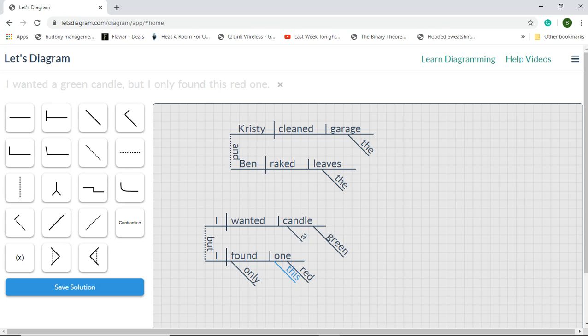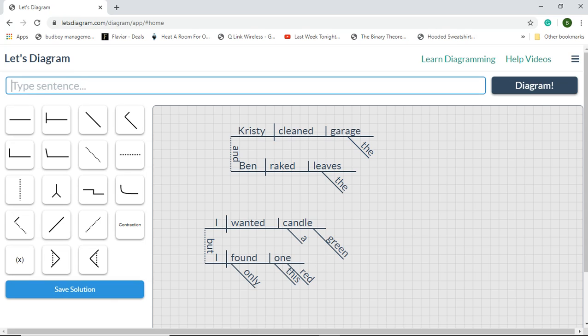So, take a look at this compound sentence. I is the subject. Wanted is a verb. Candle is a direct object. A is an adjective. Green is an adjective modifying candle. But is the coordinating conjunction. I is the second subject in the sentence. Found is a verb. Only is an adverb modifying found. One is a direct object. This is an adjective modifying one. Red is an adjective modifying one.